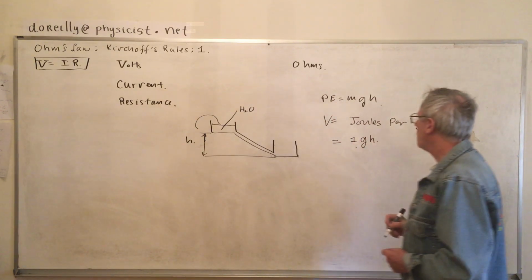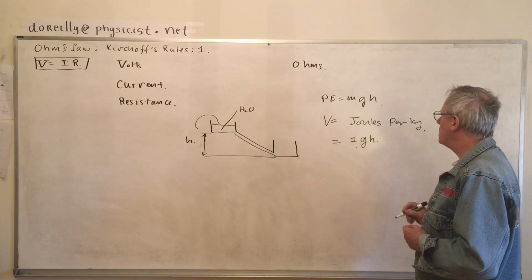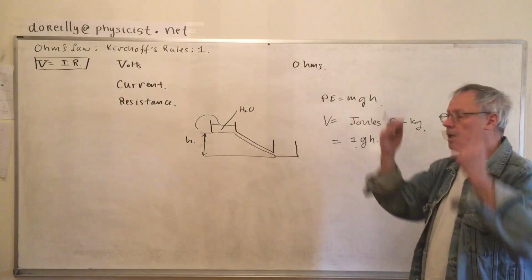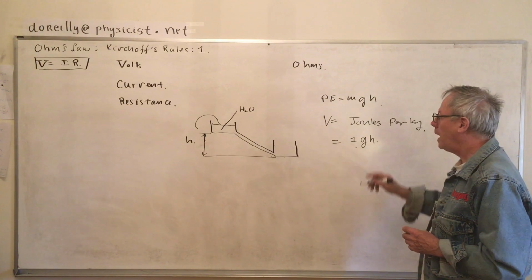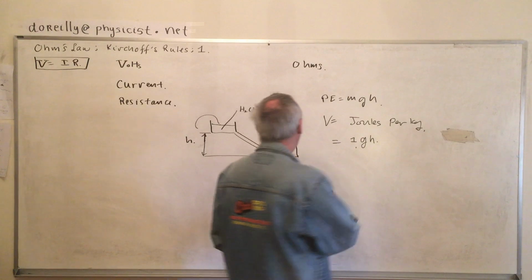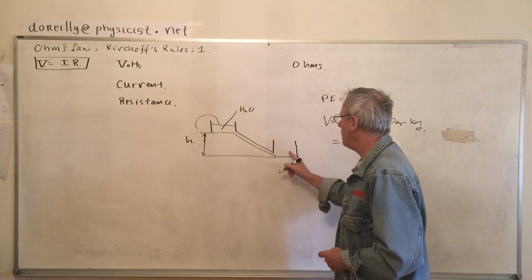In other words, for 1 kilogram, the potential is the number of joules per kilogram, the amount of work we needed to raise 1 kilogram through a certain height h. Now there's a potential difference between this one and this one.